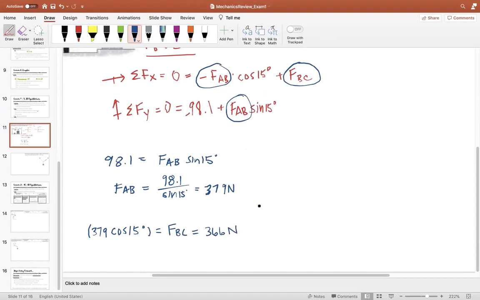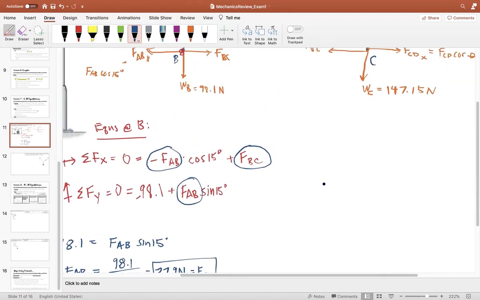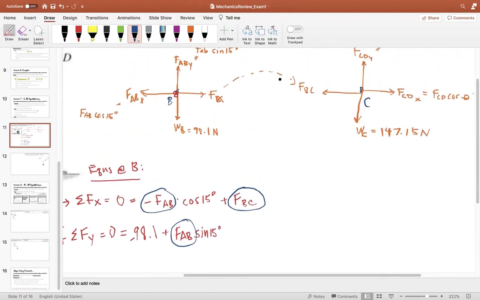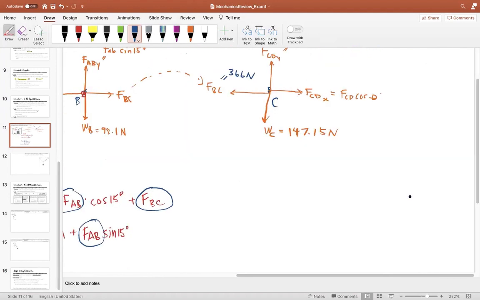All right, any questions on how I got those two? So I already found two of the answers. The question wanted the tension in FAB, the tension in FBC, the tension in FCD, and the theta for that angle. So now my FBC can go over here, and we just said that was 366 newtons. Sweet. So now, who wants to write the equations for these?